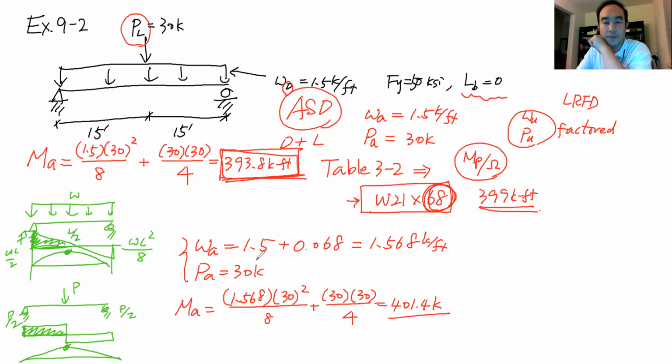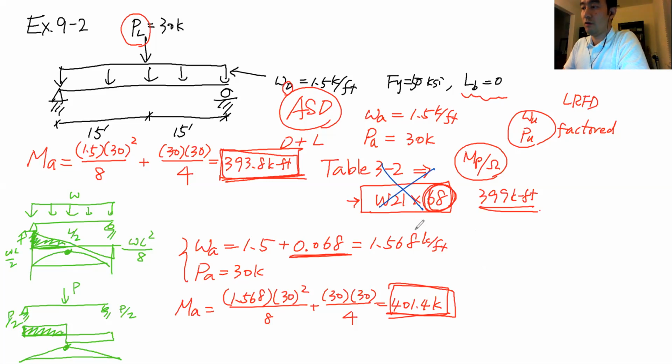When we update the demand, including the beam's weight, which is 68 pounds per foot, our target demand increases from 393.8 to 401.4, which is larger than 399. So that means this beam is not qualified to be our candidate, right?